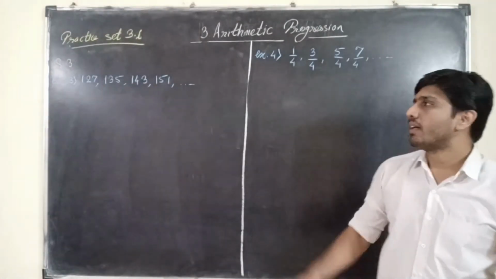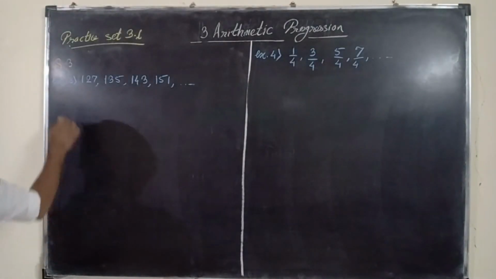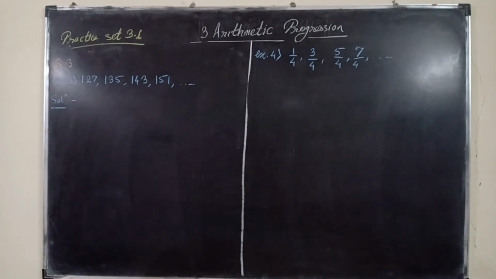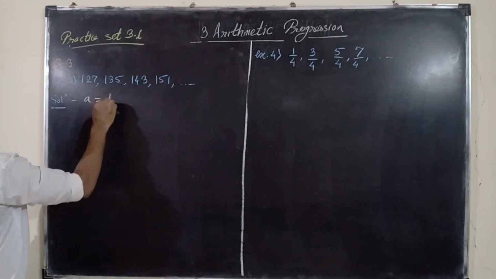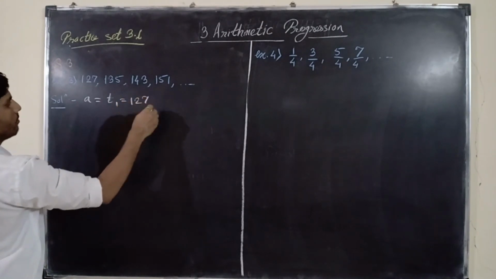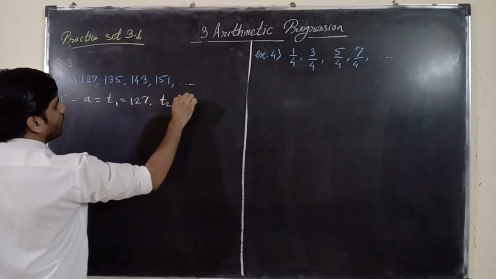Now we will start with third example from question number 3 of practice set 3.1. Again here first term is A, which is equal to T1, which is 127. T2 is 135.